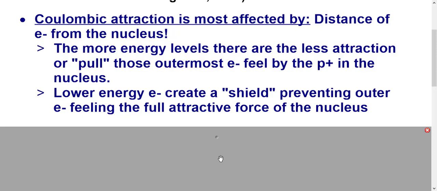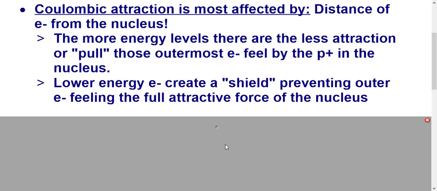So not only does the distance affect it, but electron shielding from electrons in lower energy levels creates a less attractive force. So the further electrons are away, the less attracted they are to the nucleus.